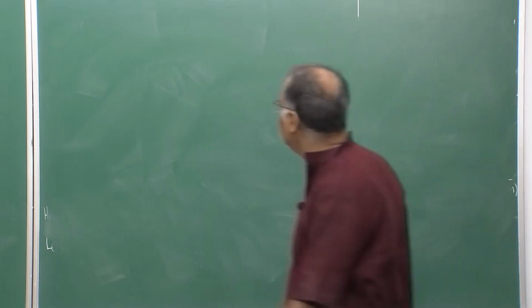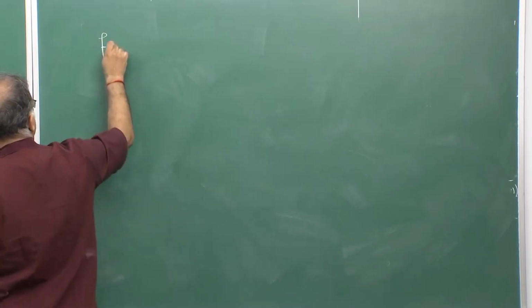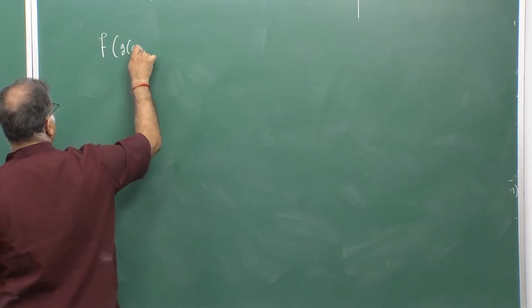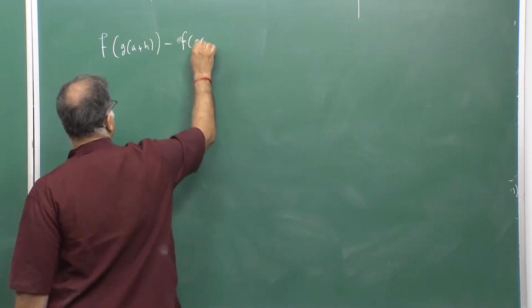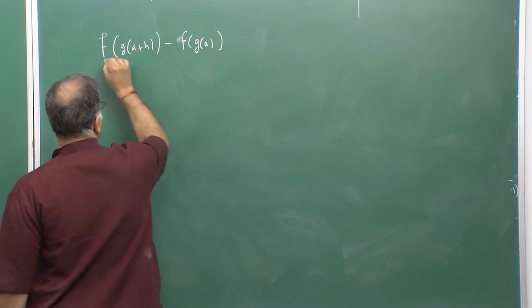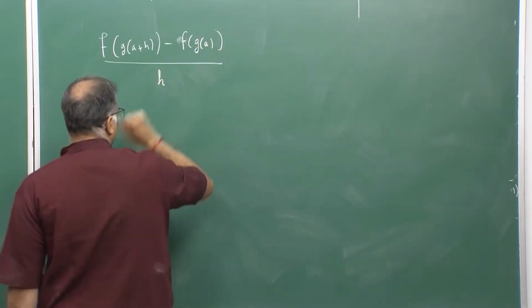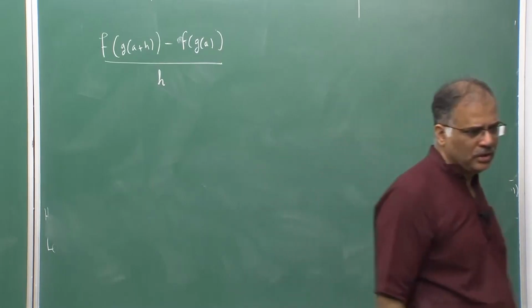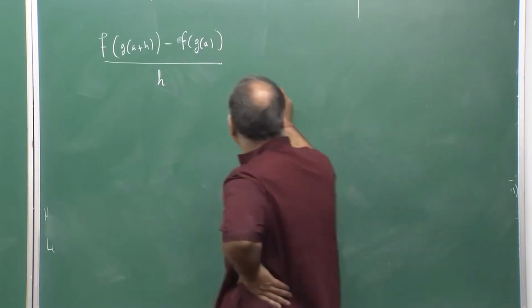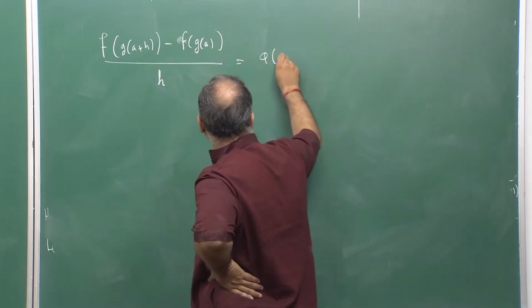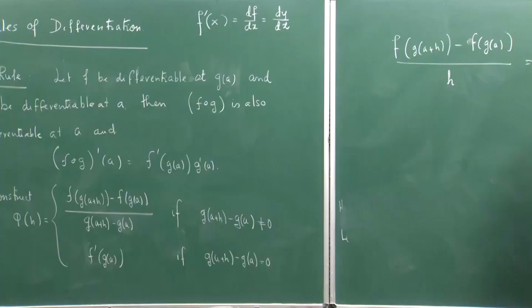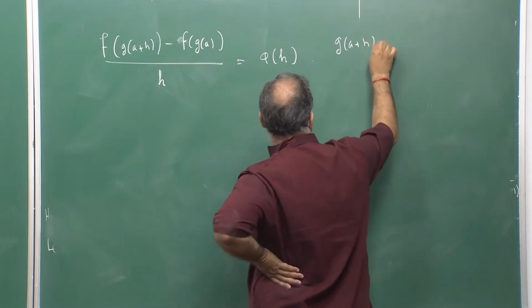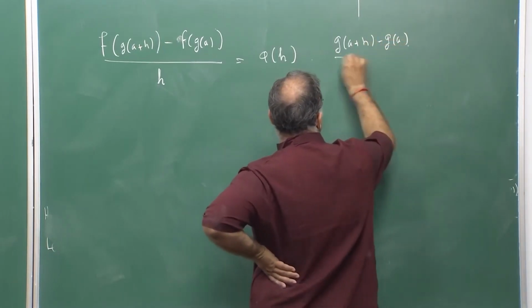Now let me write f(g(a+h)) minus f(g(a)), divided by h. This thing can be written as phi(h) into g(a+h) minus g(a) by h.